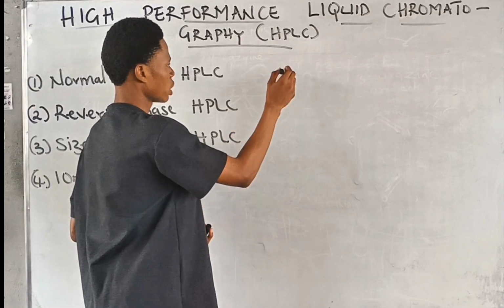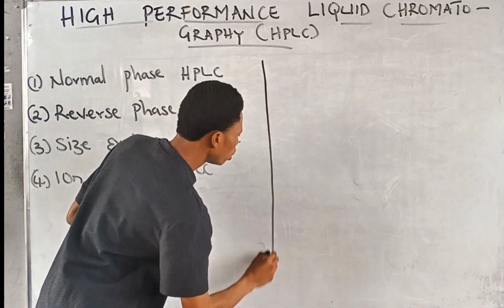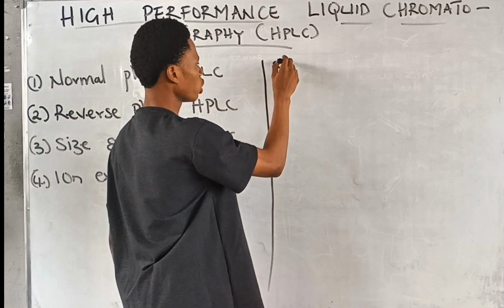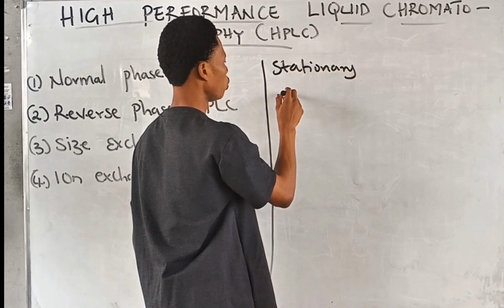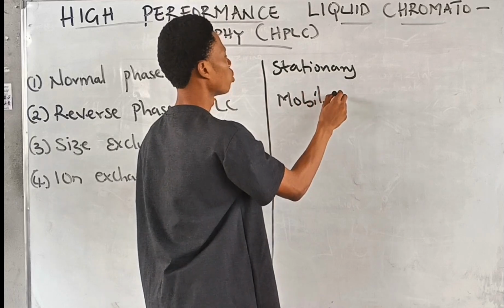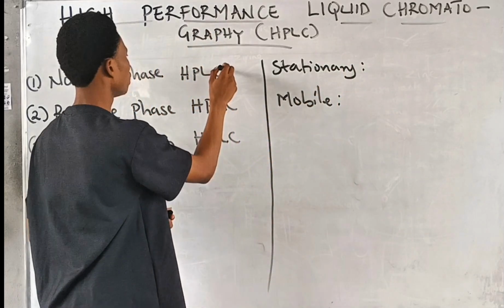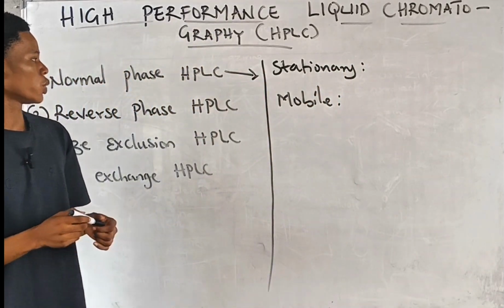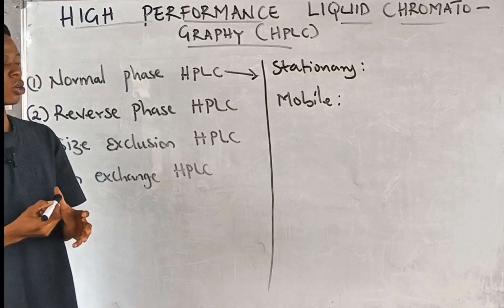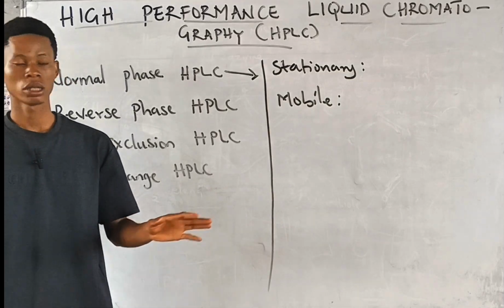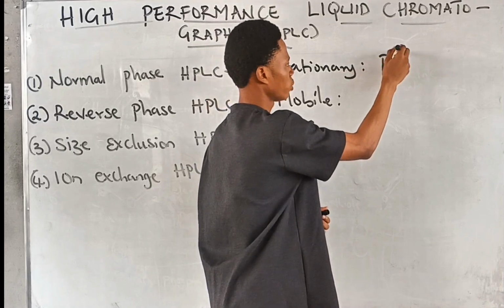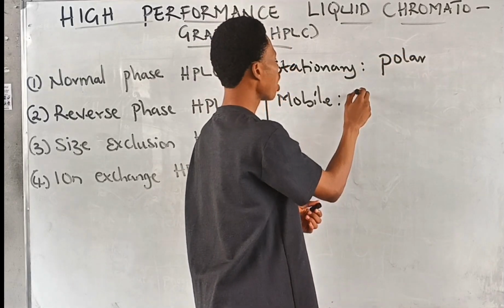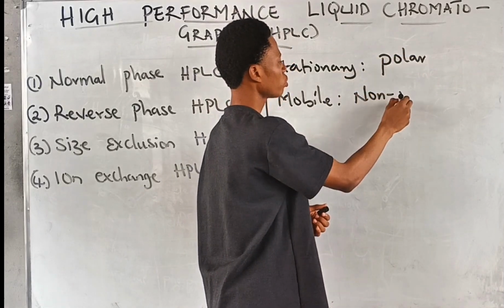Now we've seen that in chromatography we have stationary phase and mobile phase, right? Now, in the normal phase HPLC, which is the normal one, the stationary phase is polar, while the mobile phase is non-polar.